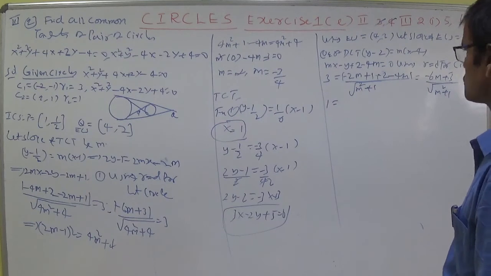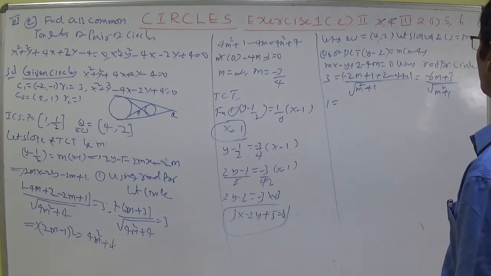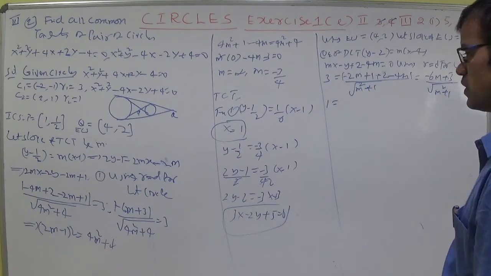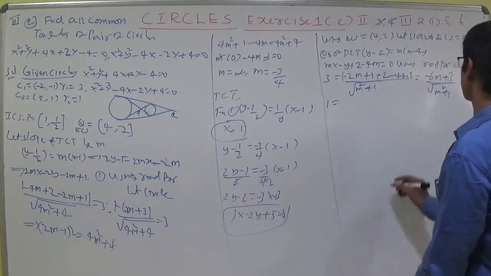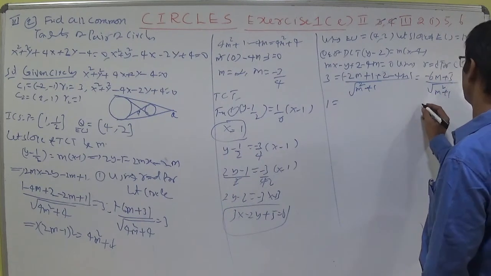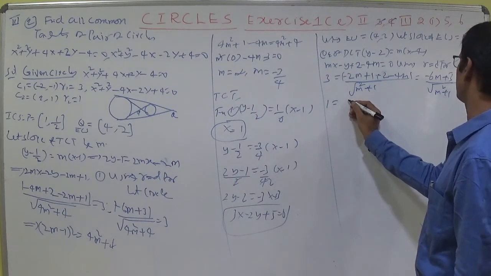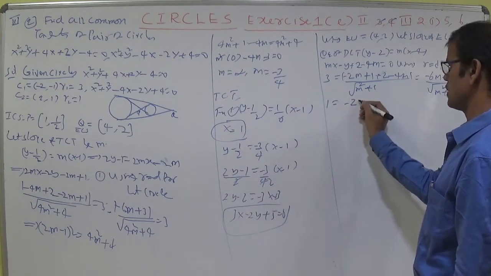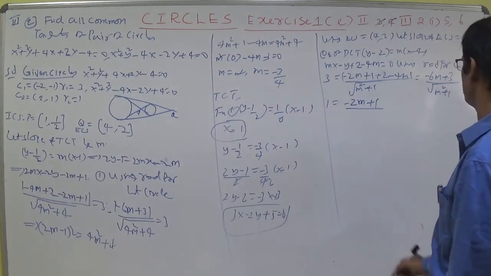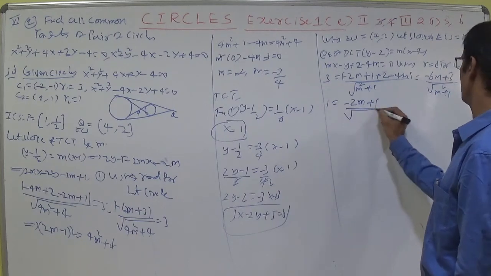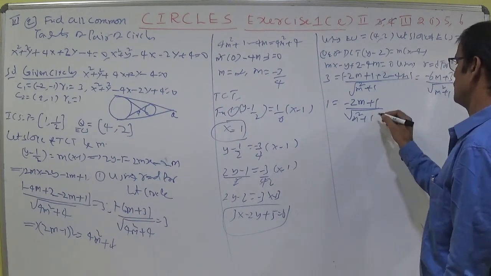Again using this one, the tangent through 4 comma 2: y minus 2 is equal to m into x minus 4. Okay, let us discuss R1 by 2. Here 1 is equal to minus 2m plus 1 by root of m square plus 1.